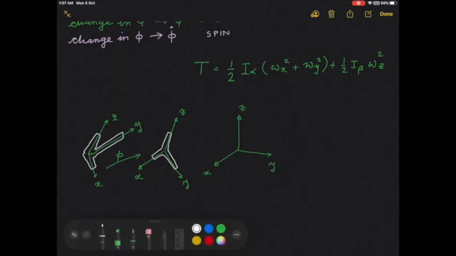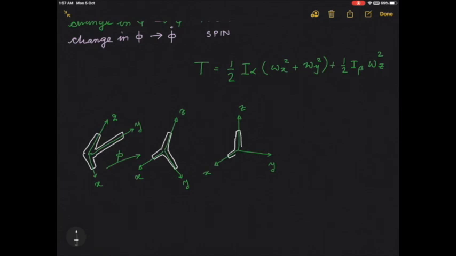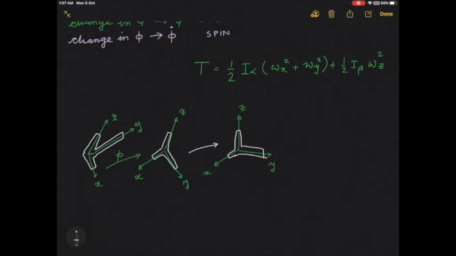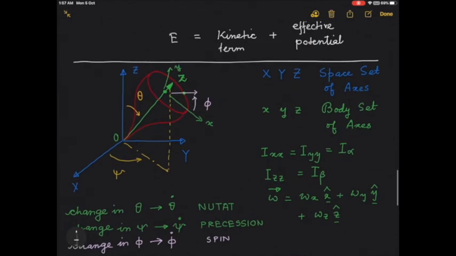And the body looks like this. So that's a rotation of theta, because you see that's the rotation that makes small z along the vertical.